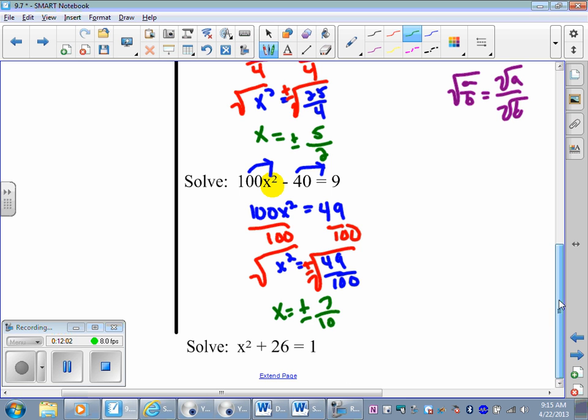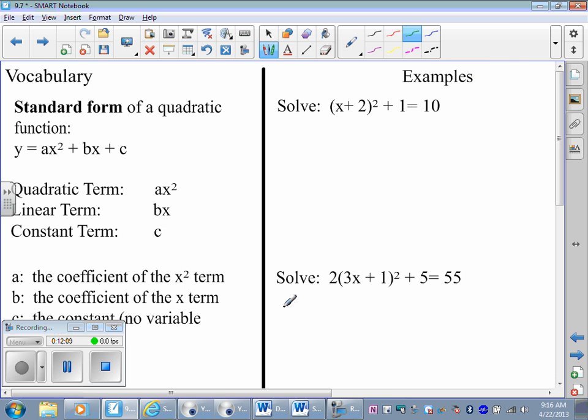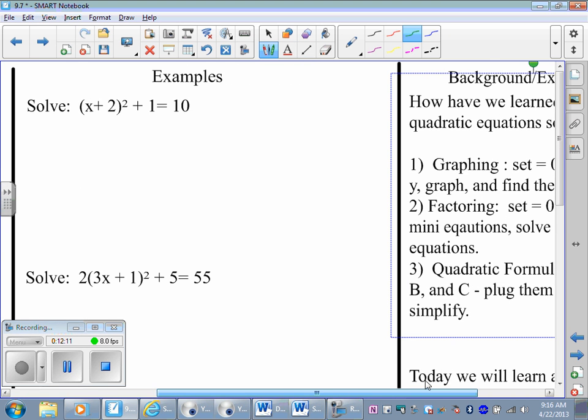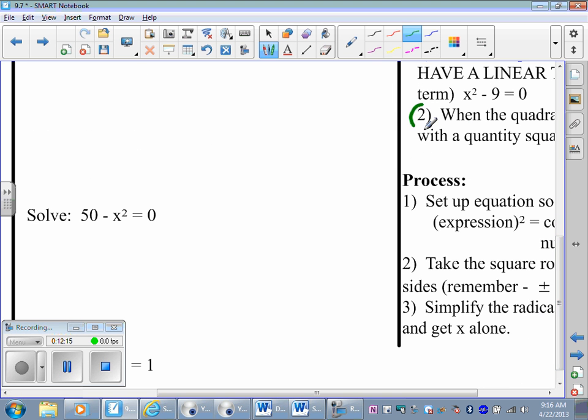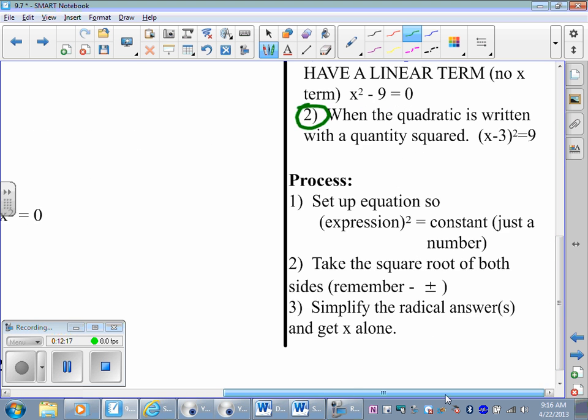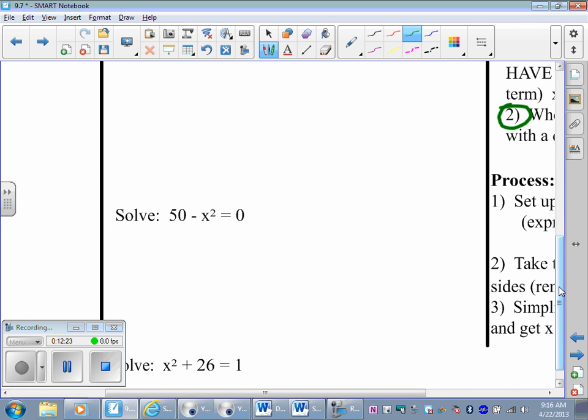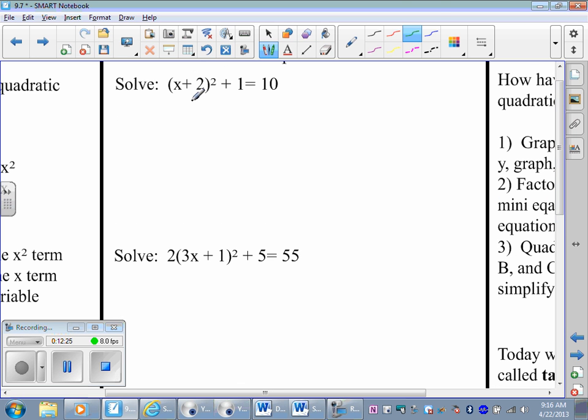All right, now, you can try this one if you want on your own, but I'm going to go to the next page here and look at this one, because this one's a little different, right? This one really falls into that second situation we need to look for, when the quadratic is written with a quantity squared. All right, when the quadratic is written with a quantity squared, our same exact steps still apply.